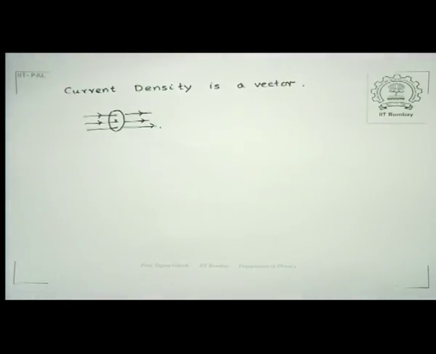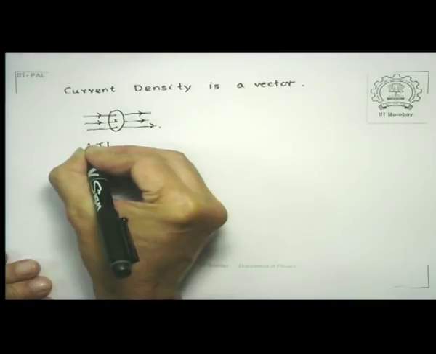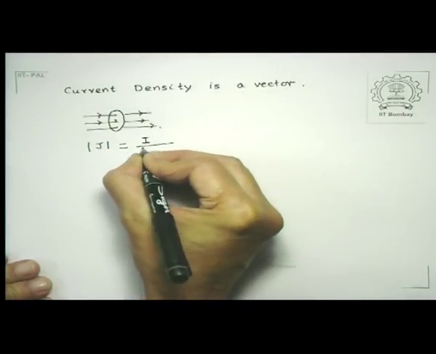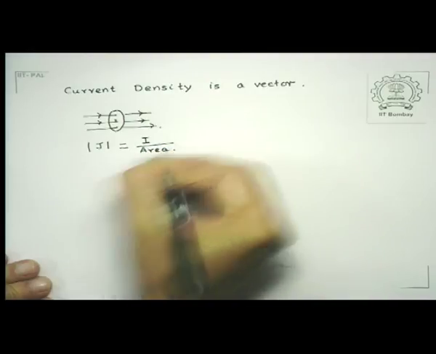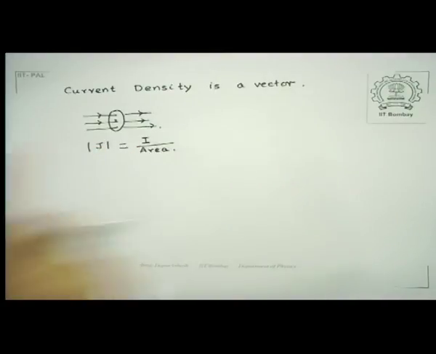Like any other definition of density, I define the magnitude of the current density as the amount of current passing through a unit area. So let's first talk about the magnitude and then I will come to what is its direction. So magnitude of J is I divided by area. So this is of course a scalar because current is a scalar, area as we understand is a scalar.